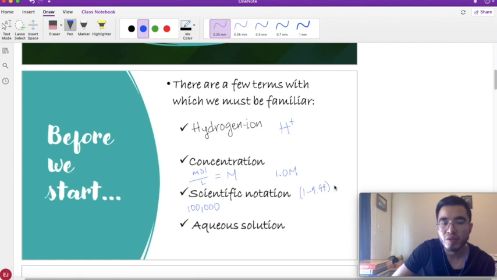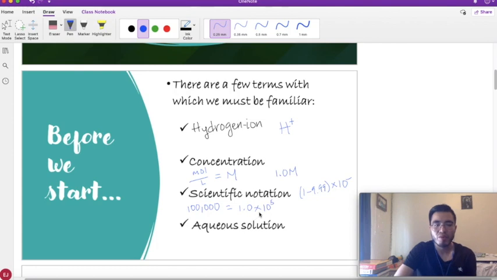This number is going to be multiplied times 10, and then this 10 will be raised to some power. So I'm just going to do a blank. For instance, 100,000, if we wrote it in scientific notation, would be 1.0 times 10 to the 5th power. If you don't know how I did this, don't worry, I'm going to explain in a little bit.